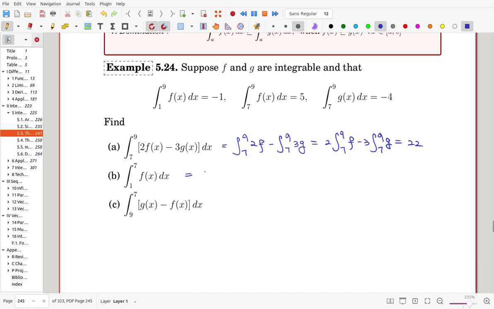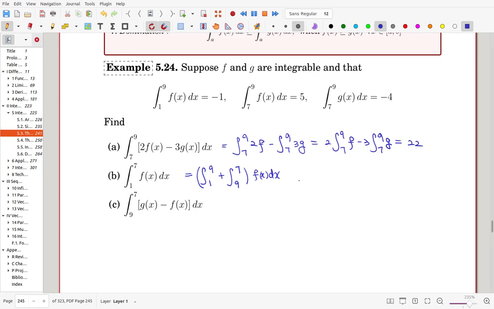The data is given only for 1 to 9, and then we try to get 9 to 7. Maybe it's a bit odd, but anyway, I'll try to explain that one.